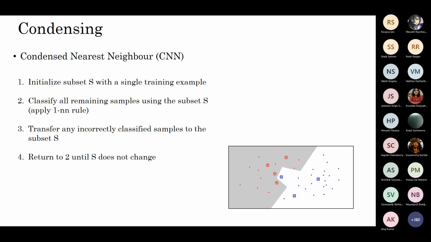Will that affect the accuracy of the test? Yes, of course. That's why I said this is an approximate k nearest neighbor. It is often worse than the original k nearest neighbor, because you are reducing lots of information.